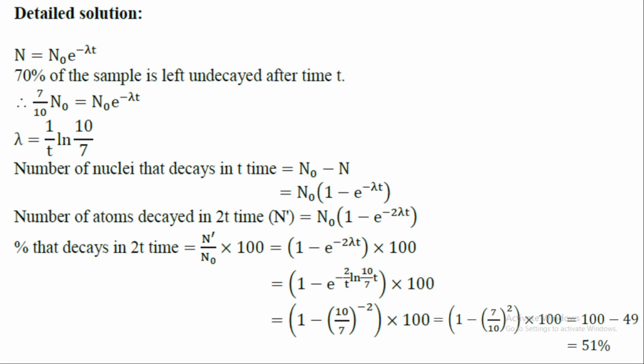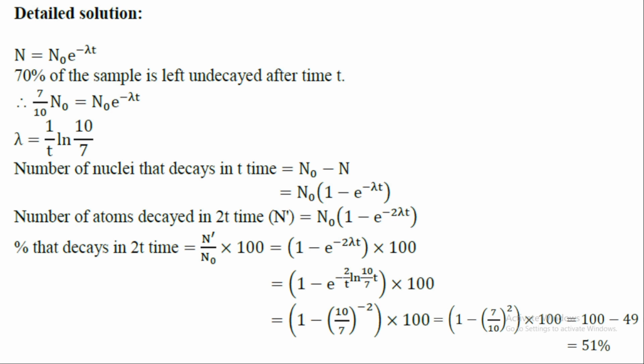The number of nuclei that decay in t time is N0 minus N. We have the value of N as N0 e raised to the power of minus lambda t. If you take N0 as common, it will be 1 minus e raised to the power of minus lambda t.